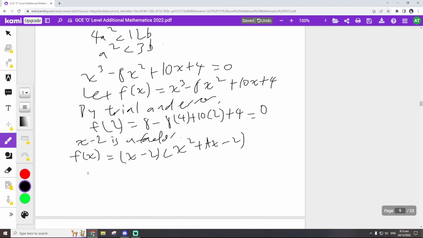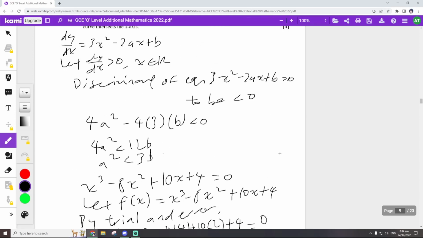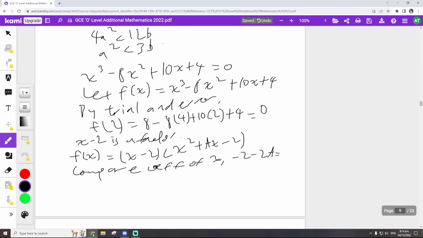Then if you compare the coefficient of x, you'll get that this is equal to 10. And therefore, what is a? a will be minus 6, is it? Negative 6.